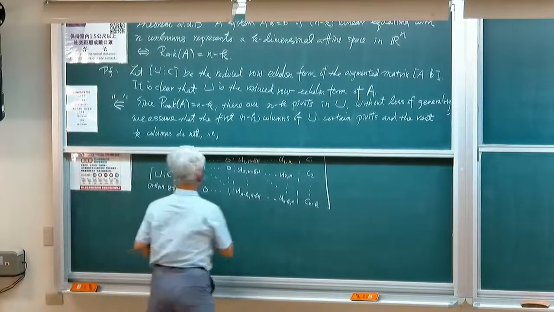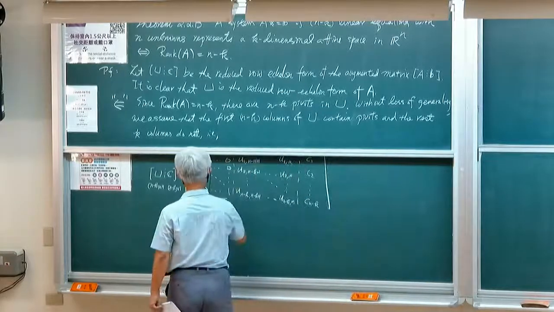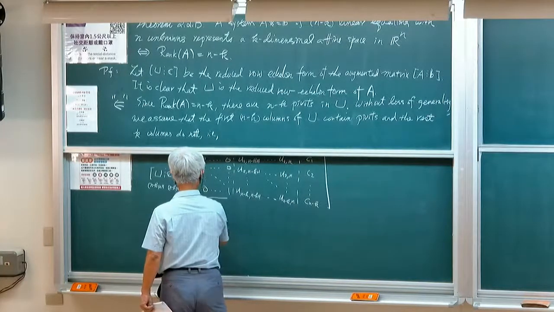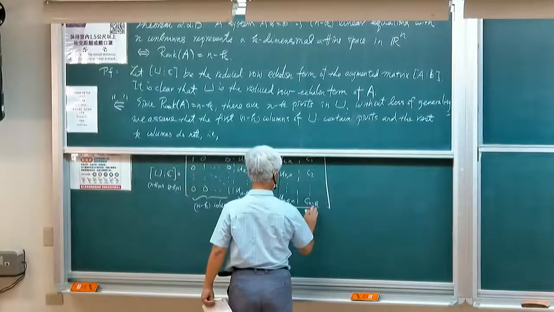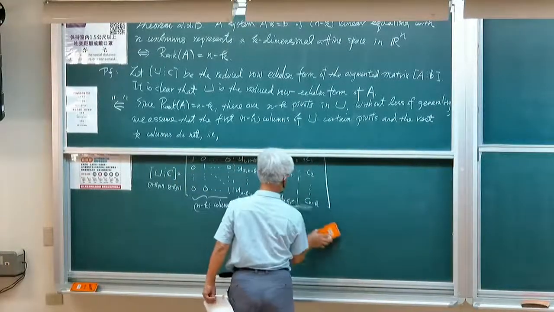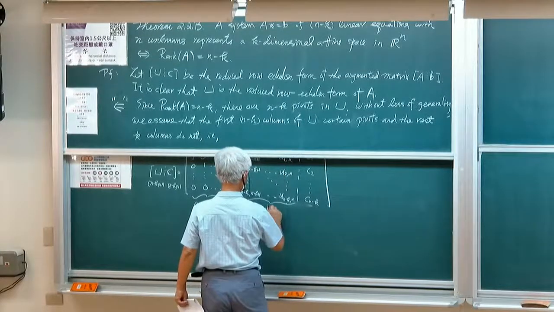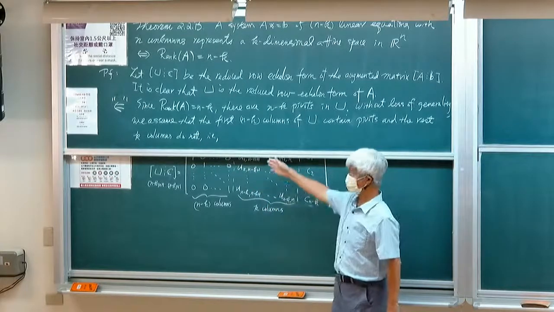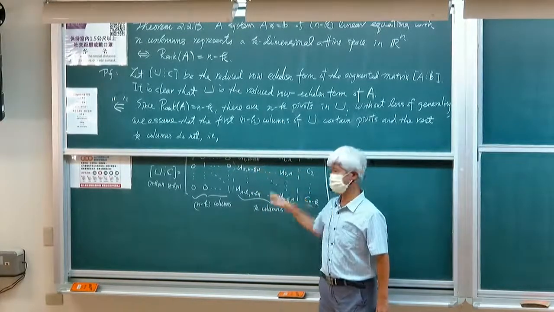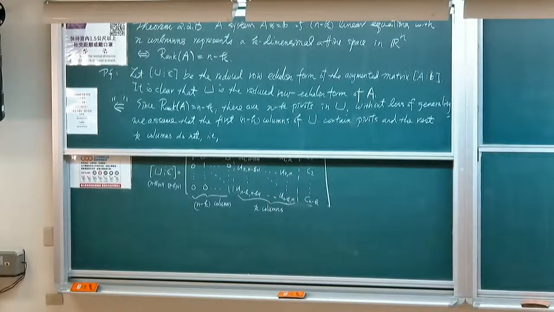Now, we have n minus k columns here and k columns here, and because these k columns do not contain any pivot, they can be selected as free variables.